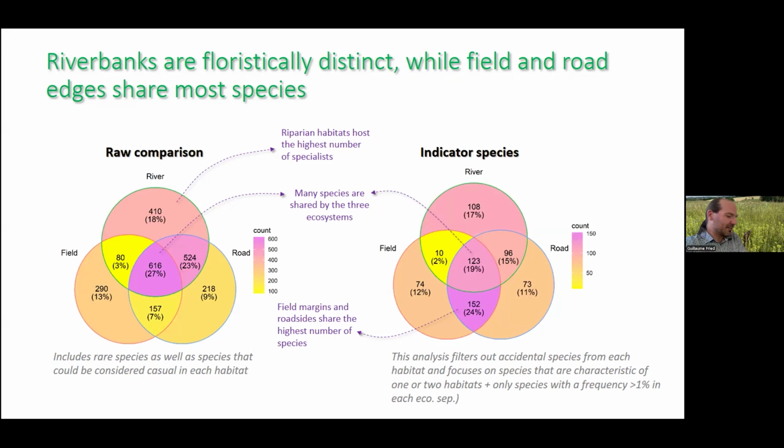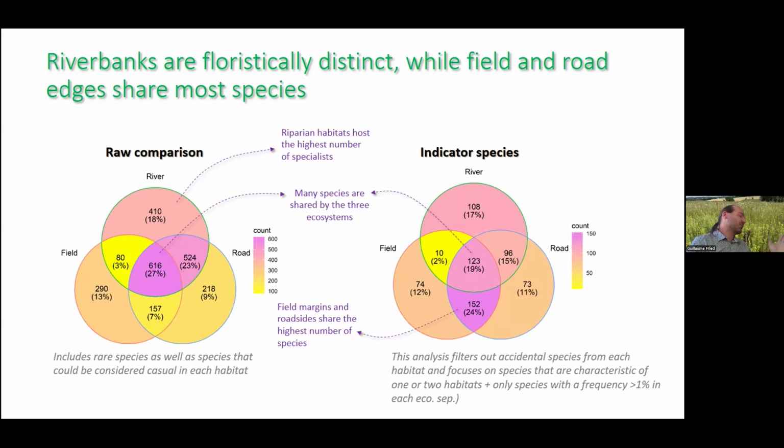And on the right, you have the result with the INVALD analysis, which filters out casual species. In this part, we also excluded species that were less frequent than 1% in the sample of each kind of habitat. So what can we say about these 2 figures?